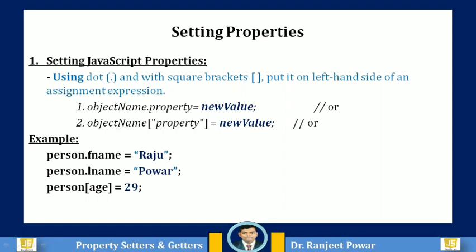In the example, person.fname is equal to Raju and person.lname is equal to Povar. Likewise, you can set a new value to properties of an object.